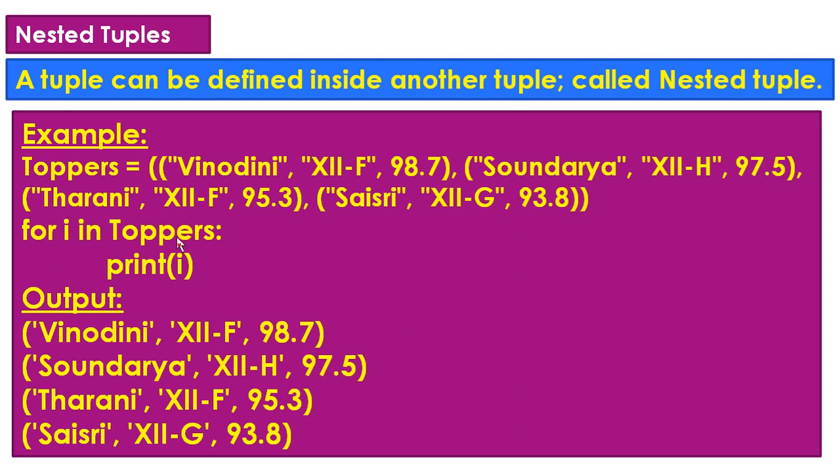For i in topper, the first value of i is 0, which represents the first tuple, and it prints the first tuple here, that is called the 0th tuple. In the next iteration i becomes 1. The first index tuple is printed now.